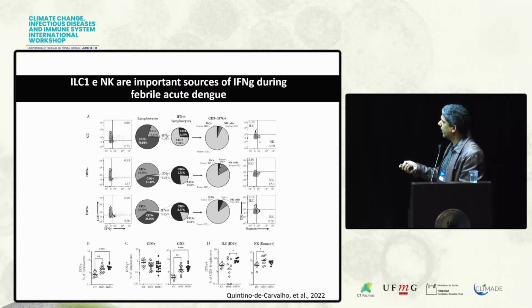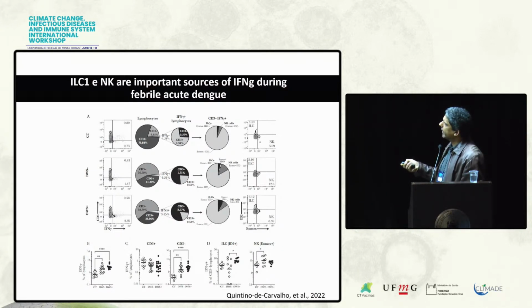Here, in these graphs, I have the CD3 in this axis and interferon gamma in this axis. And we can see here individuals that are not infected, you can find very little cells producing interferon gamma. And most of these cells were CD3 positive T cells, and very few coming from the innate immunity.